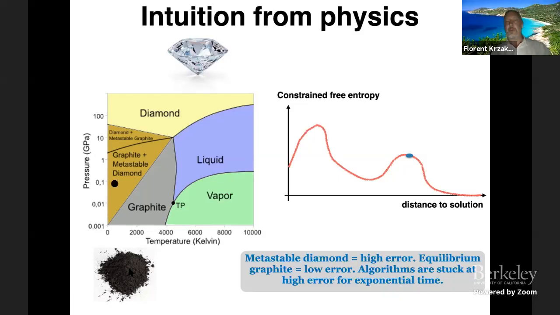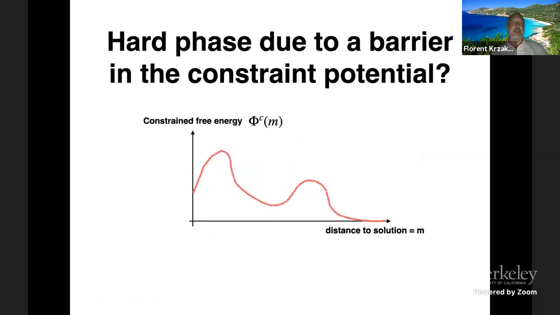So we are used to this. We call this a first order transition, and we know that there is basically nothing much you can do in this case. So it's very tempting to think that, well, that's it, we have a nice intuition. There is a hard phase because there is a barrier in the constrained free energy potential at a distance from the solution. You remember I introduced this idea yesterday of the constrained free energy. And that's it. We go here and we never go there.